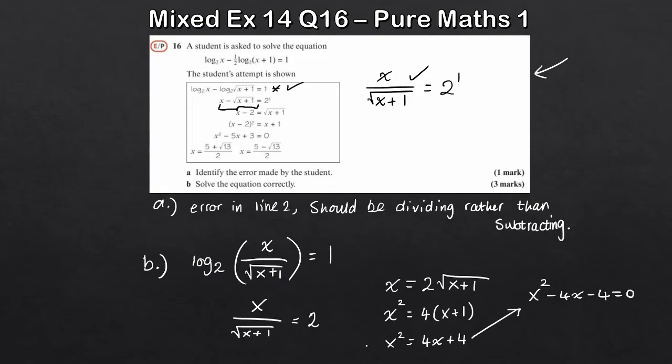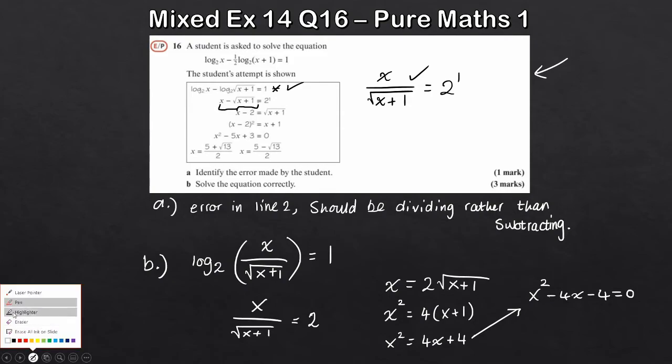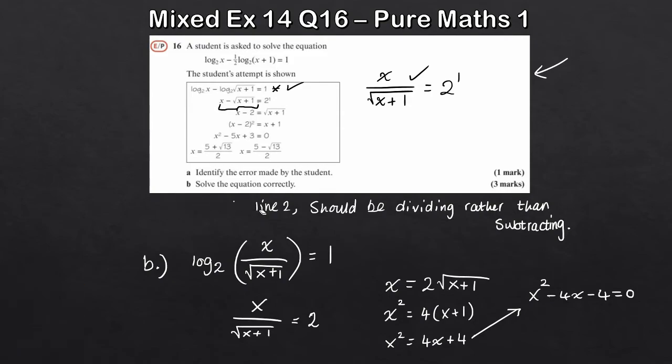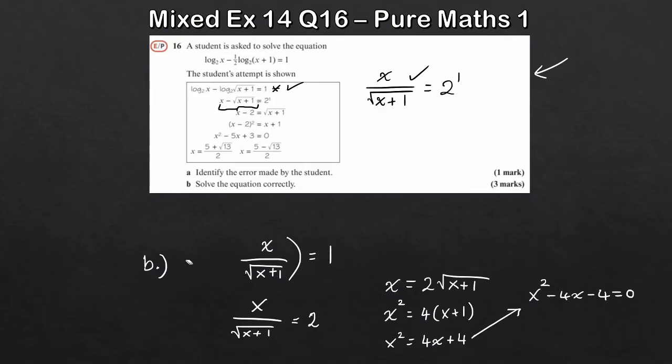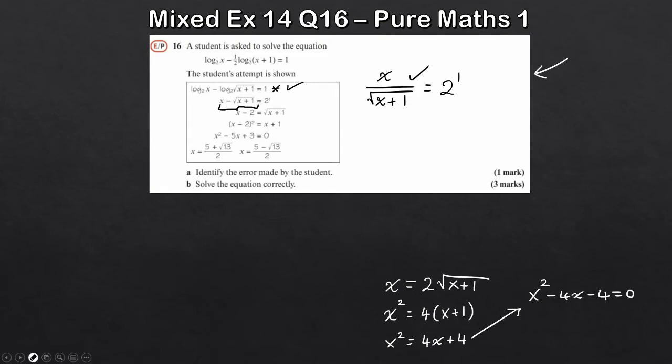so we will need to use the quadratic formula. Okay, so let's just get rid of some of this rubbish. We should have enough room, I think. Get rid of this as well. Okay, so if we carry on with it, x squared minus 4x minus 4 equals 0.